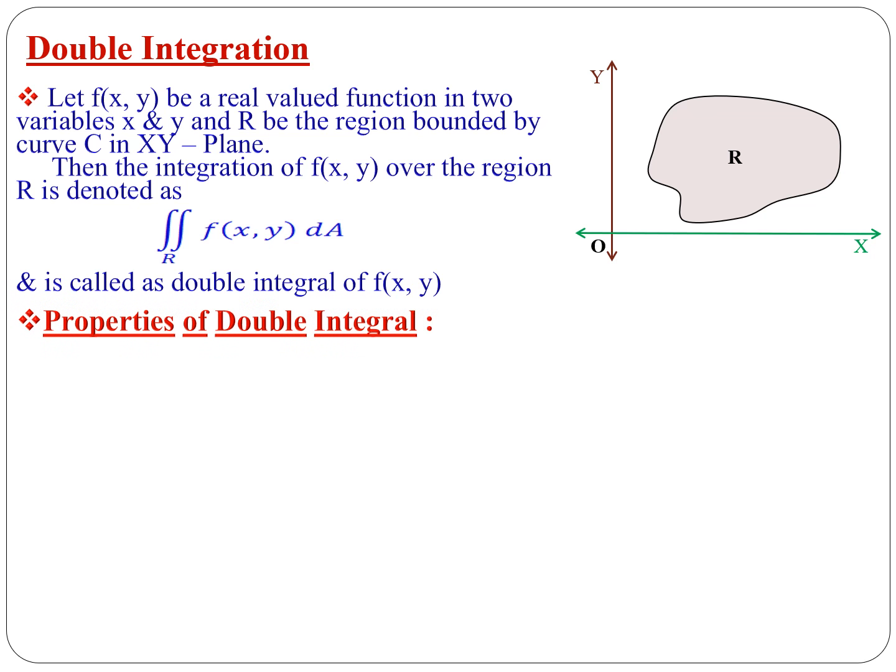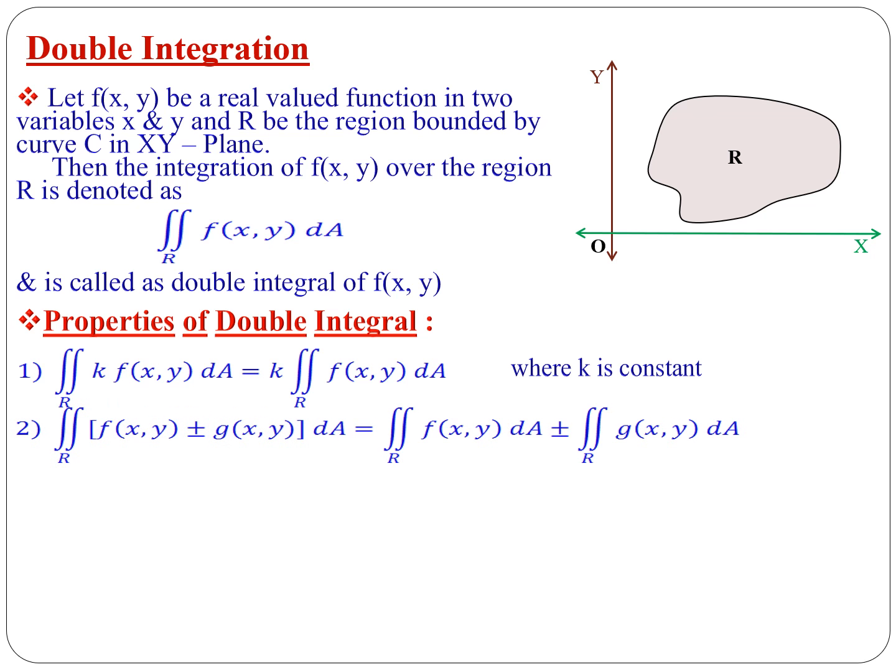Now we learn some properties of double integration. The first property: the integral of k f of x y dA is equal to k times the integral of f of x y dA, because k is a constant, so always the same as single integration, we can take k outside the integration.